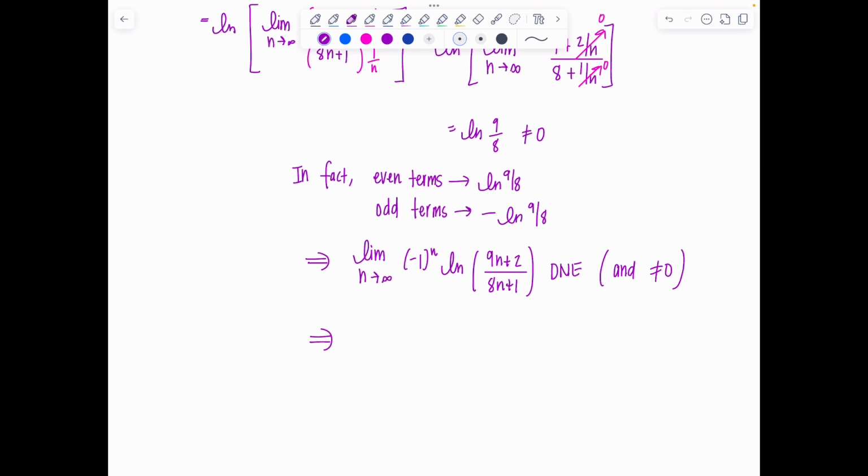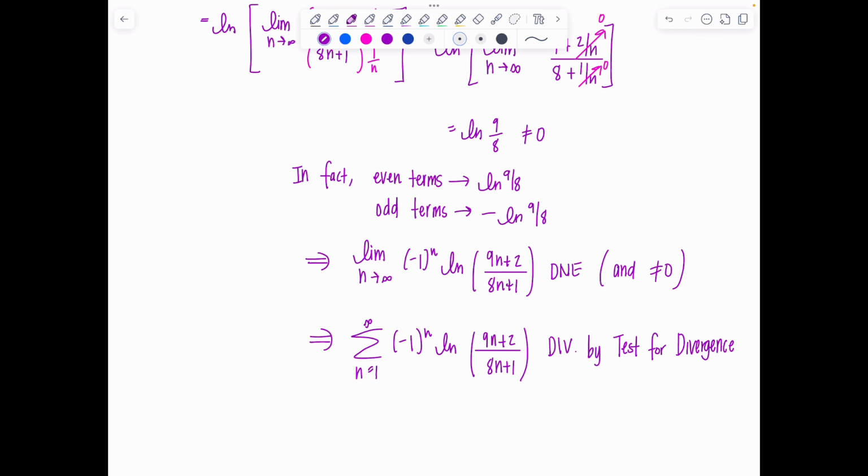So then that tells me that the sum, n equals 1 to infinity, -1 to the n, ln of 9n plus 2 over 8n plus 1 diverges by the test for divergence. Okay? And like I said, it's no big deal if you don't spot it right away. You're just going to end up doing more work that you didn't need to do, but it is what it is. Okay. I've got one more.